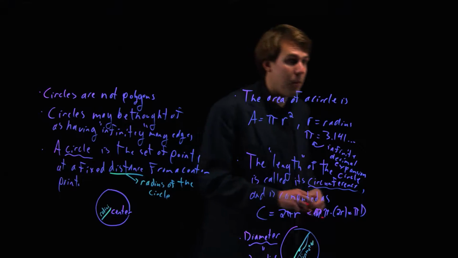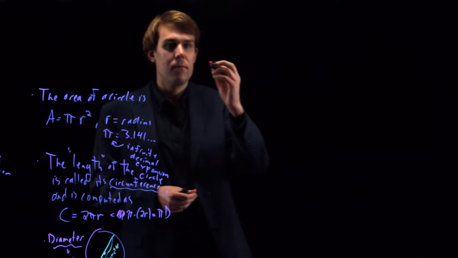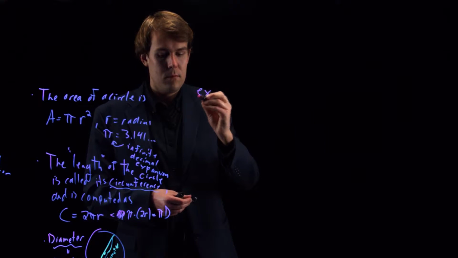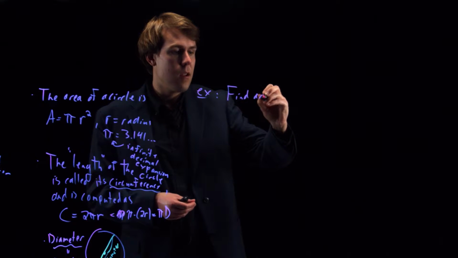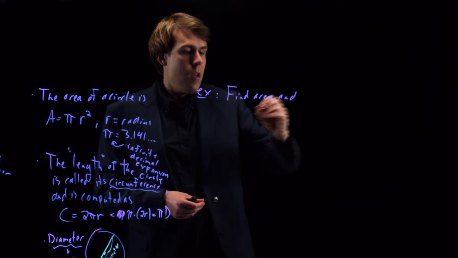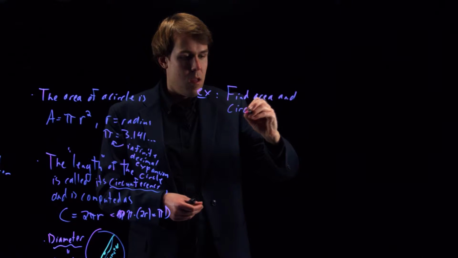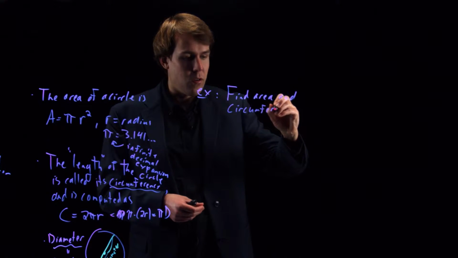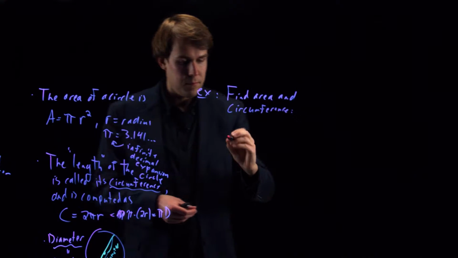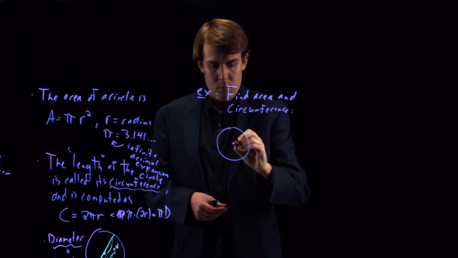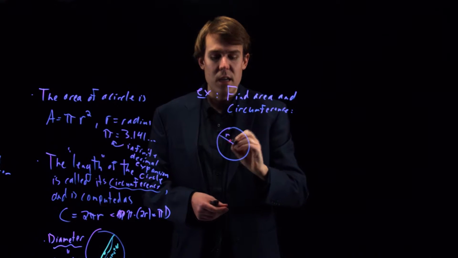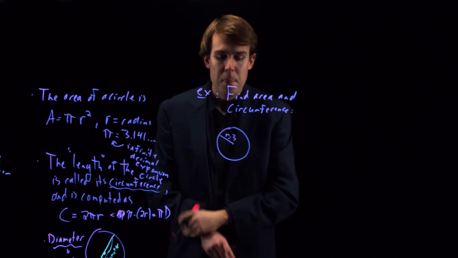So let's look at a few examples. We want to find the area and circumference of the following circles. So suppose the radius here is given to be 3.